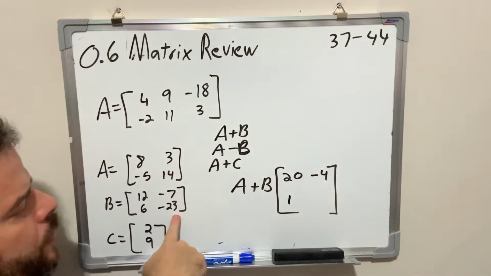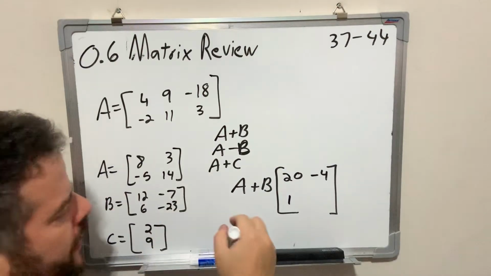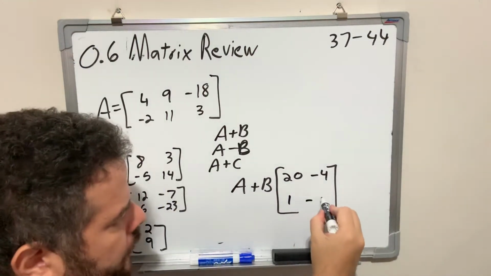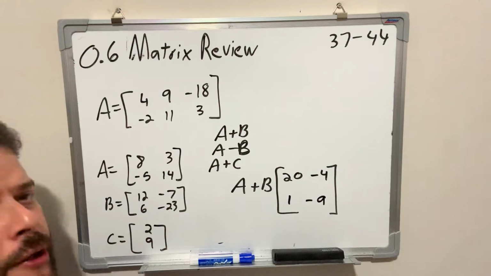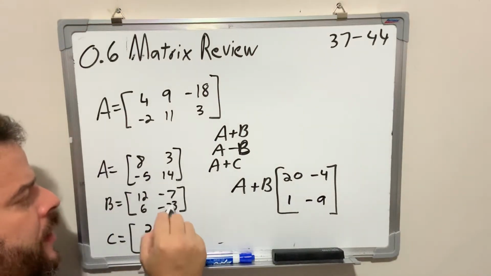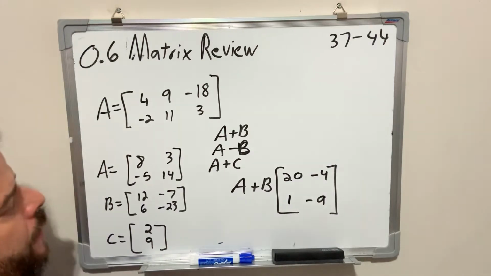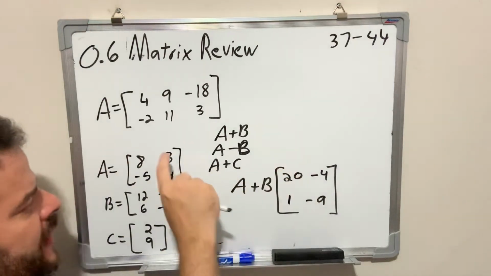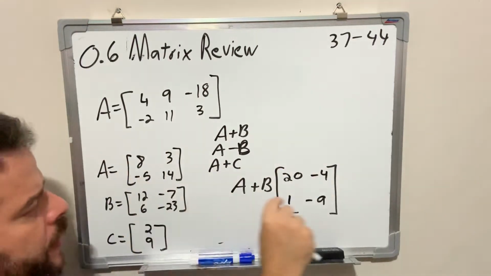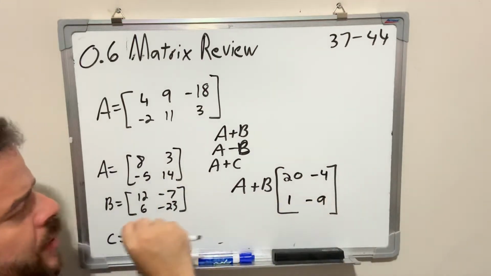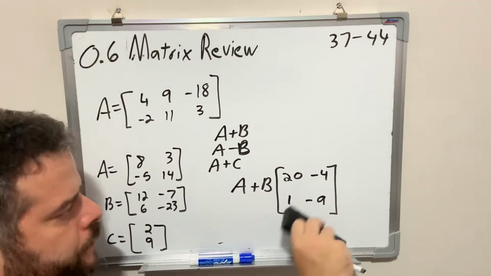Second element, second row, 14 minus 23 is -9. And that's how you add. You just combine the corresponding elements into the new matrix. Remember, they're going to be placed in the exact same spots where they were originally. All you got to do is just combine them both.